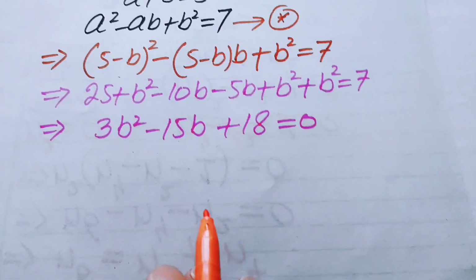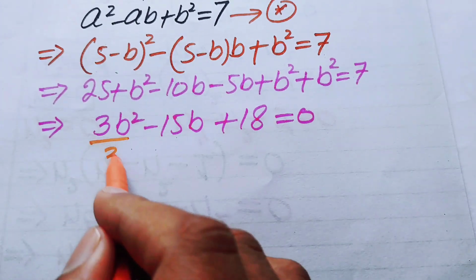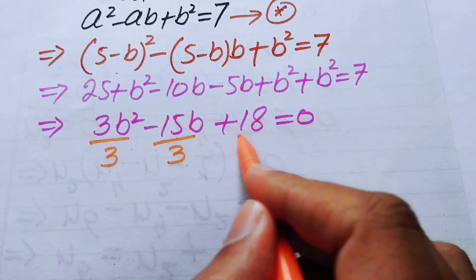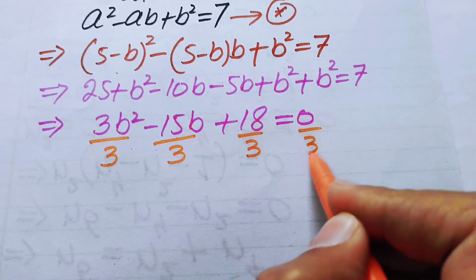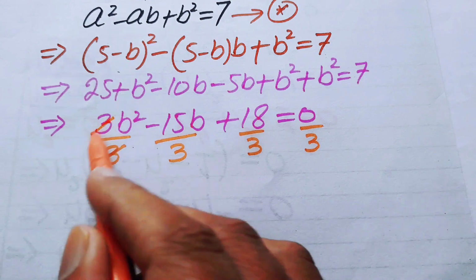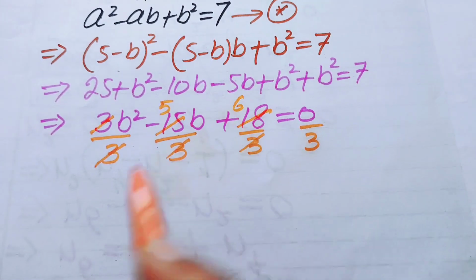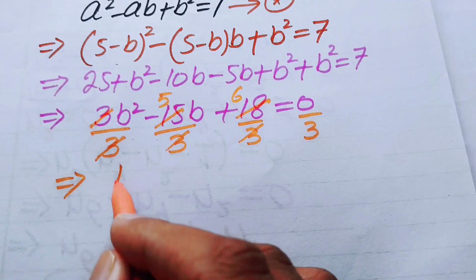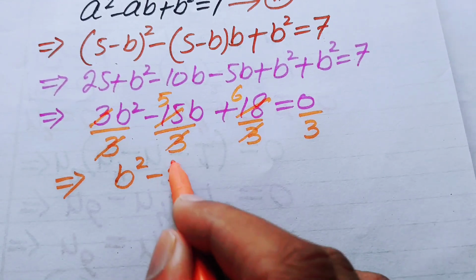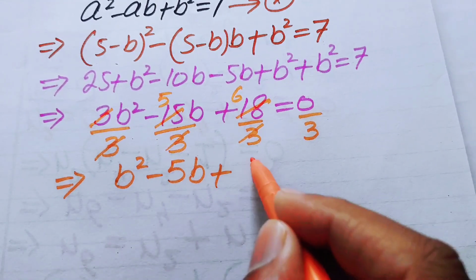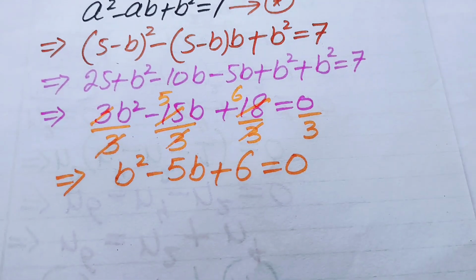In the next step we divide each term by 3, because 3 is the common term. We divide it on both sides. Three 5s are 15 and three 6s are 18. So this implies that b squared minus 5 times b plus 6 equals 0.